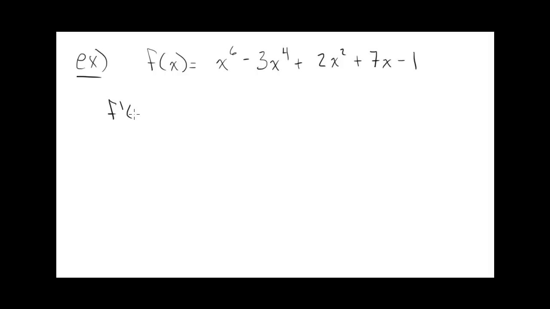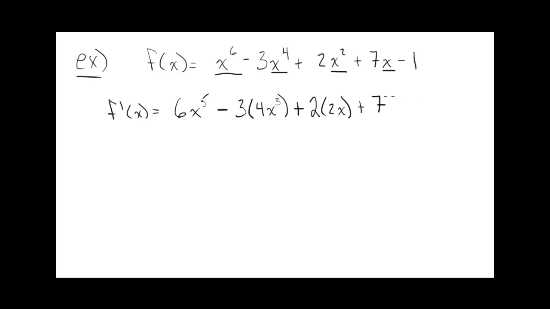The derivative is going to be the derivative of the first thing, so that's 6x to the 5, minus 3 times the derivative of x to the 4, which would be 3 times 4x cubed, plus 2 times the derivative of x squared, which would be 2x, plus 7 times the derivative of x, which is just 1, minus the derivative of 1, so by the constant rule, that's equal to 0.